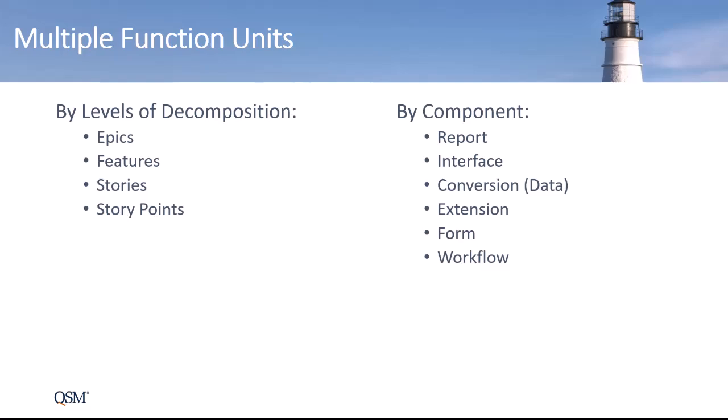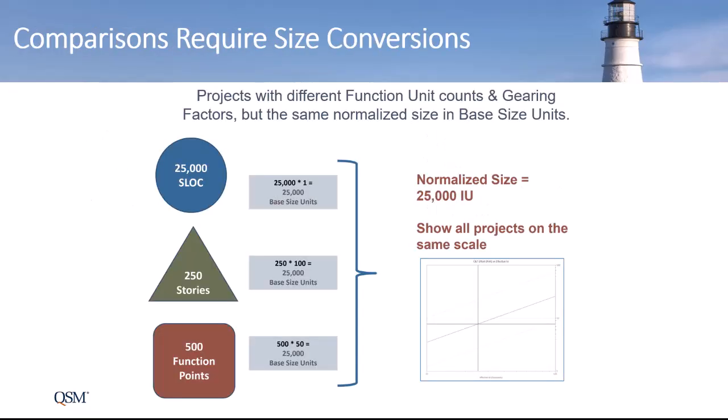Or because they are identifiable components used for a particular application, like reports, data conversions, or forms. Converting function units to the normalized base size unit enables the best practice of sanity checking software project estimates against history and benchmarking completed project performance against QSM industry trends or your data. We'll talk more about the gearing factor in later videos, but it's such an important concept that we wanted to get you thinking about it now.